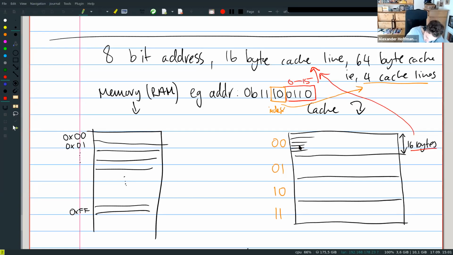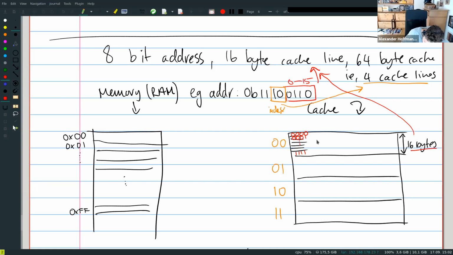And these will be 0000, 0001, and so on, until we get down to 1111.